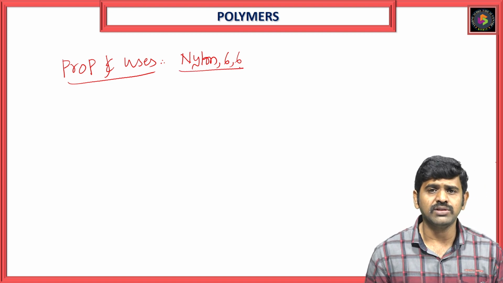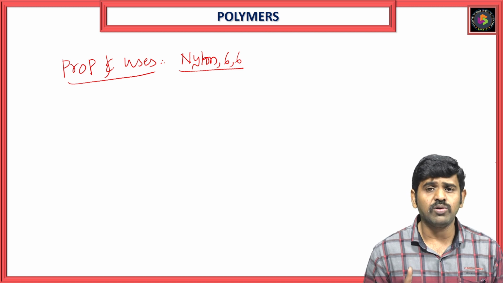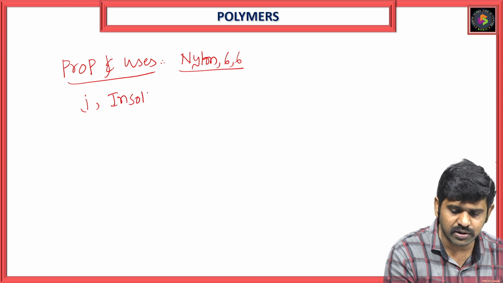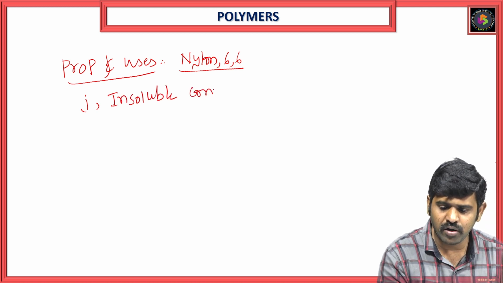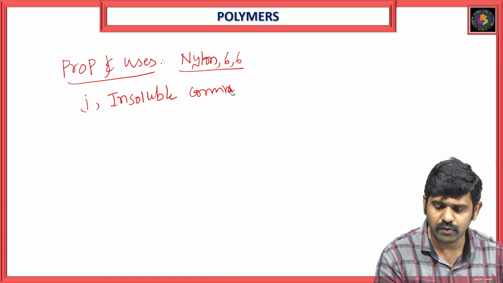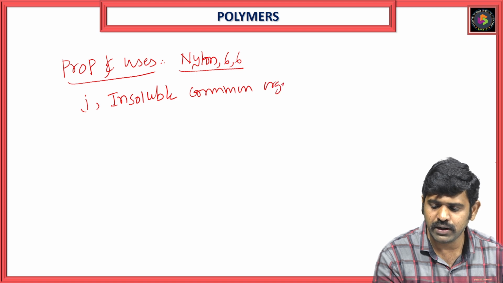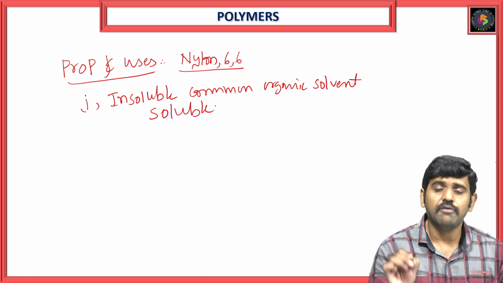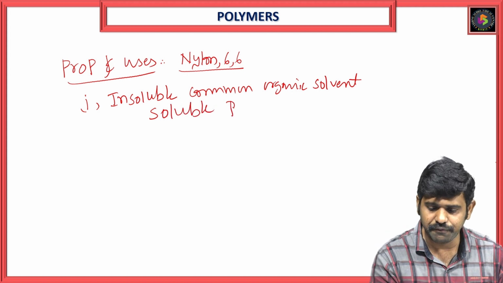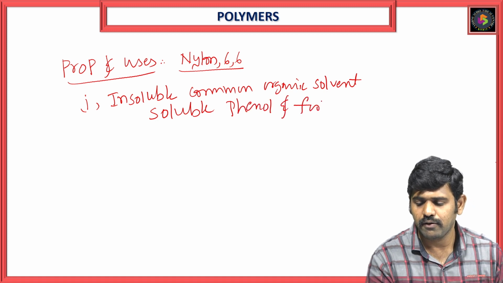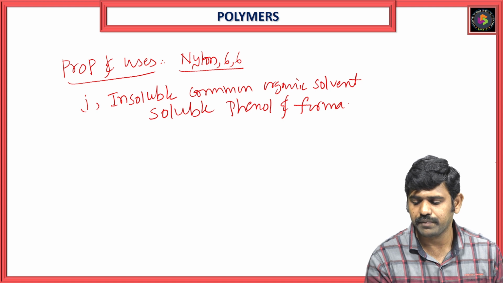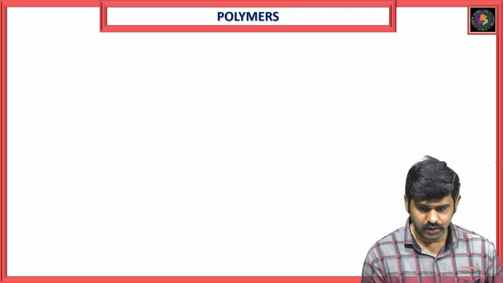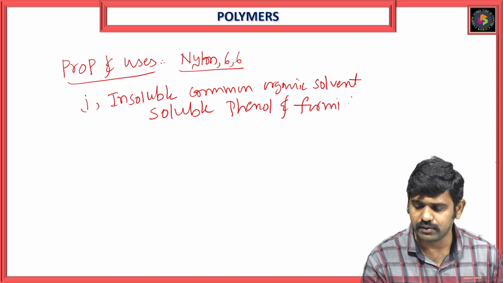Generally, nylons are highly insoluble in common organic solvents, but highly soluble in phenol and formic acid, right?